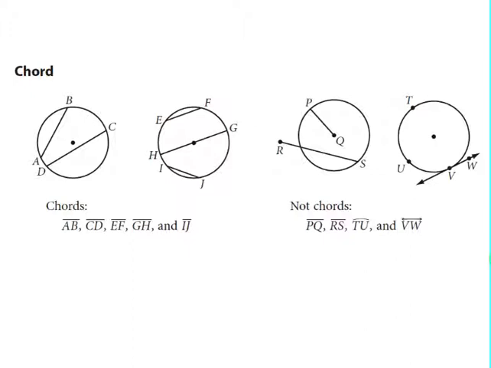Yeah? A line segment in the circle. Okay. Anybody else got any thoughts? A line segment that goes through the circle but not outside. Doesn't pass outside the circle, because if you notice, a chord can't pass outside.